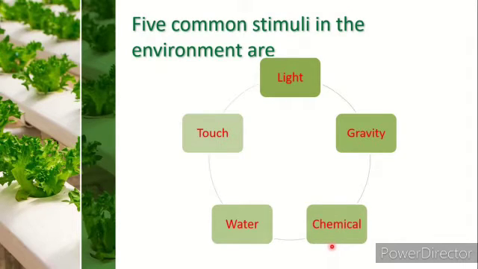So chemicals are also a stimulus. The other one is the water. Water also acts as a stimulus. Even the touch acts as a stimulus. So these are the 5 common stimuli to which the plant will try to respond. These stimuli help the plant to move and also to grow.